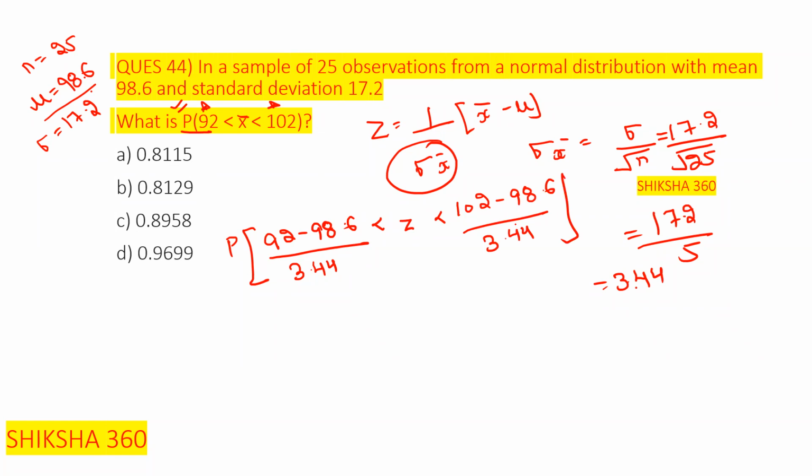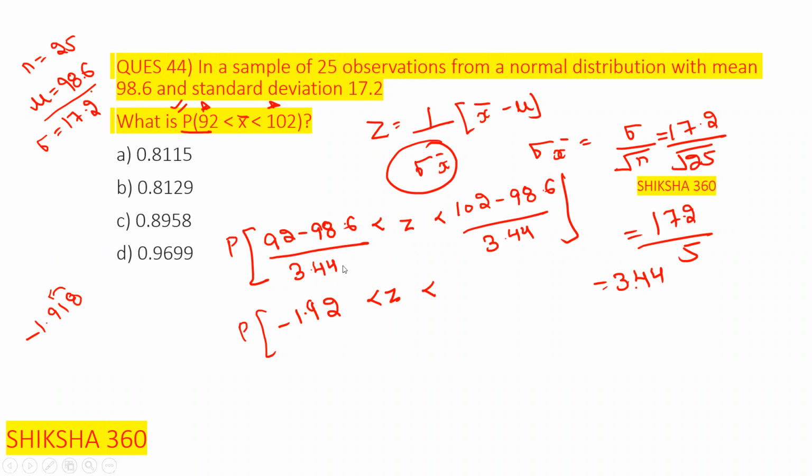When we calculate this one, what will we get here? We will get minus 1.918. We have to round it up to 2 decimals, so we will take it as minus 1.92.